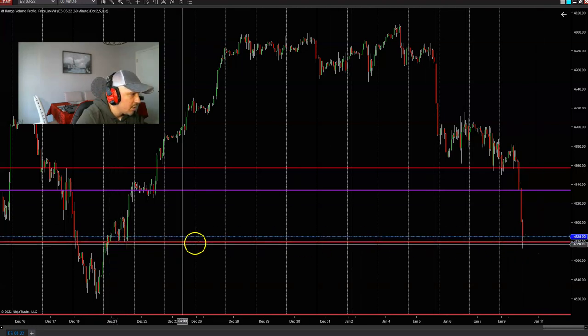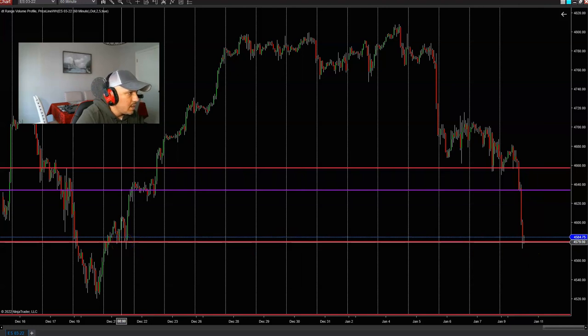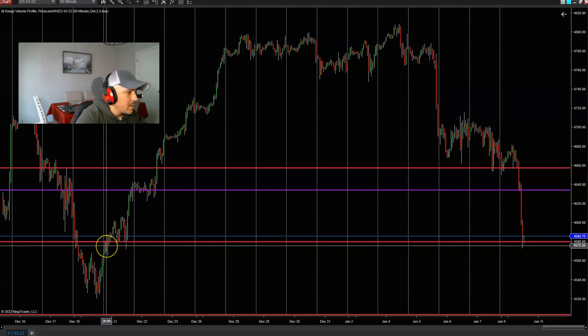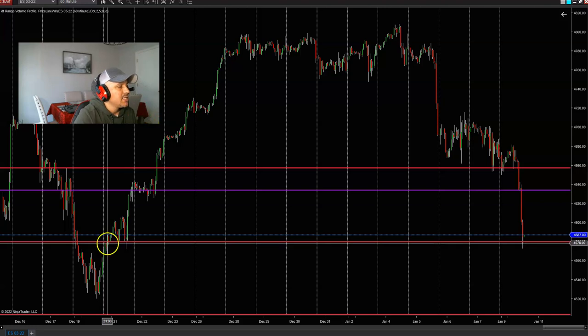Okay, price is holding structure right here at 45 on the 60-minute chart. So that means it's holding at an area of support, a powerful market structure area.